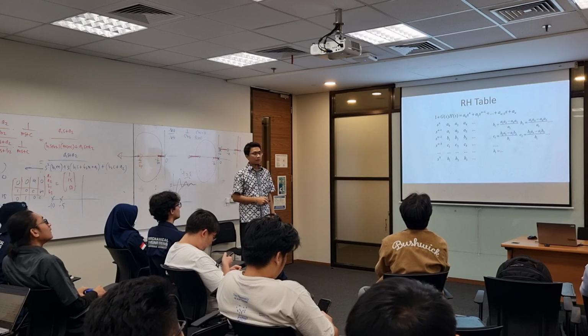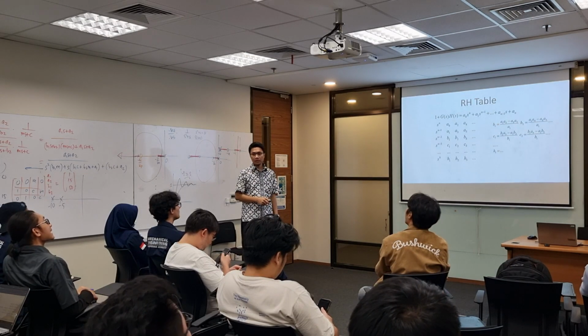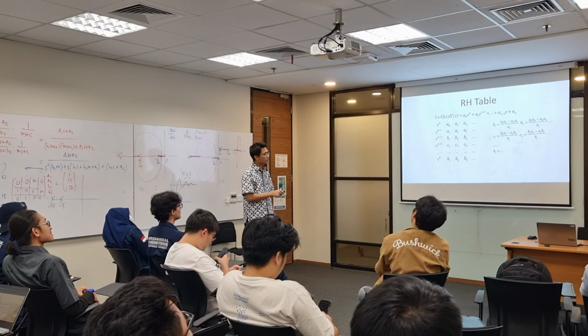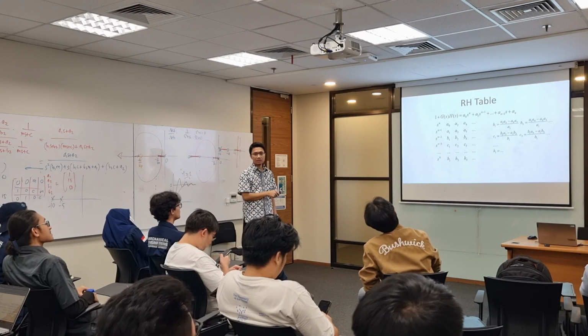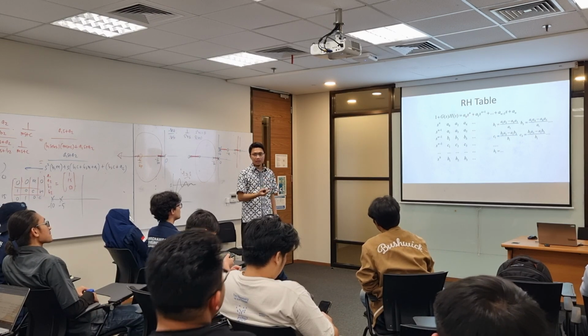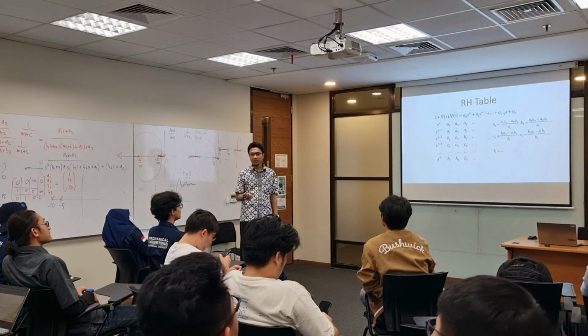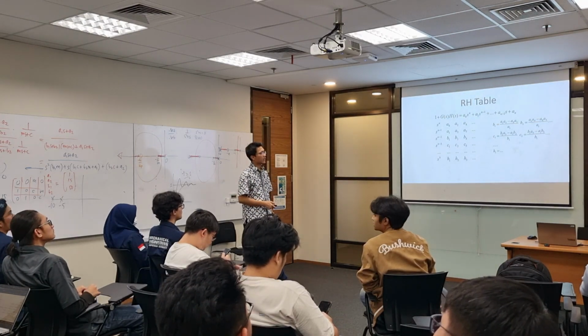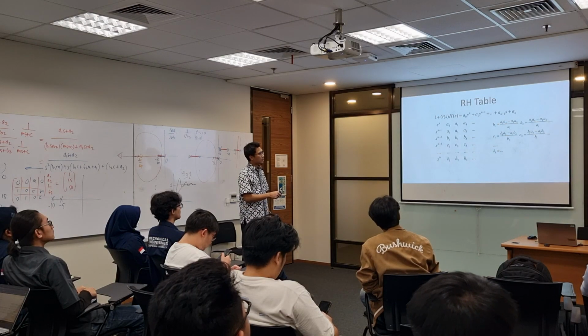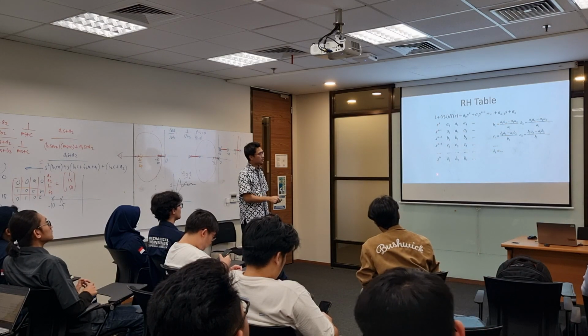And this is the Routh-Hurwitz table. You have the denominator of the closed loop transfer function like this. Let's say you have s to the power of n. n can be 100, can be 1000. Then you create this table.